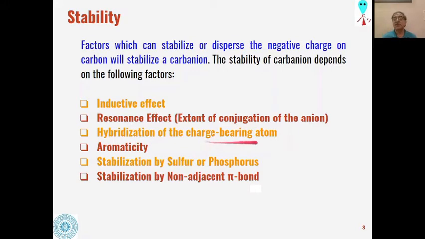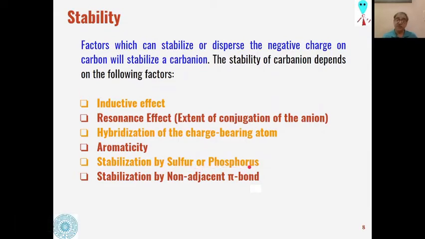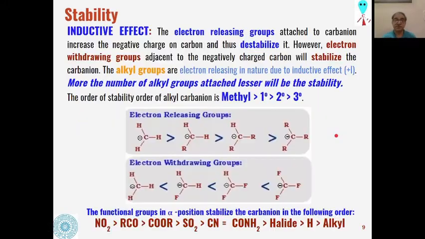Then the hybridization of the charge bearing atom, meaning the carbon which has the negative charge. Then the aromaticity of the carbanion will also determine its stability. Then whether the carbanion is stabilized by sulfur or phosphorus atoms. Then the carbanion is also stabilized by non-adjacent pi bonds. So any of these factors or a combination of them will determine whether a carbanion is stable or unstable.